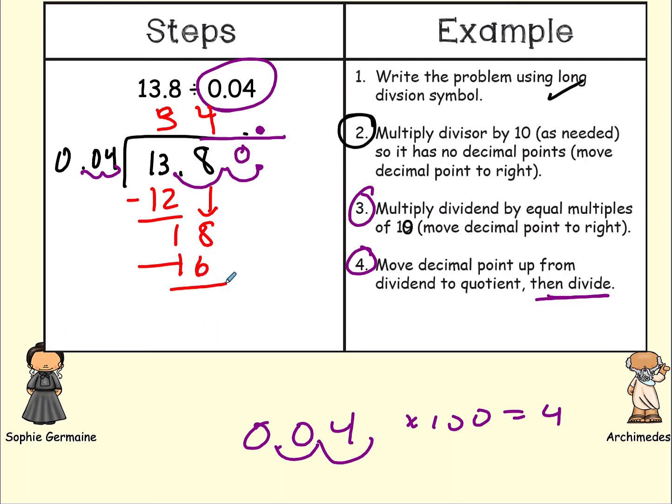I subtract, get a 2, so now I bring down my 0. And then 4 goes into 20 exactly 5 times. So the quotient is 345.